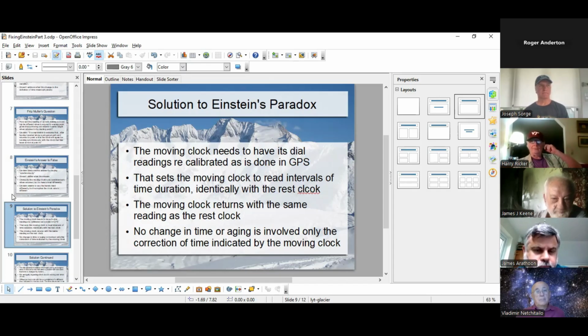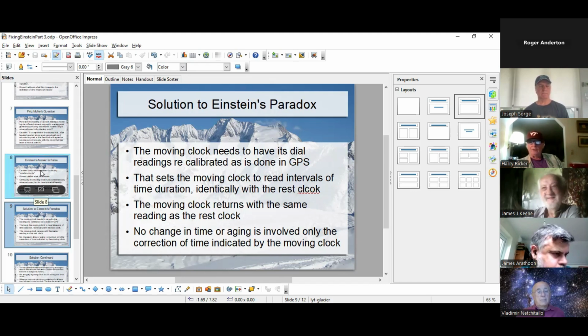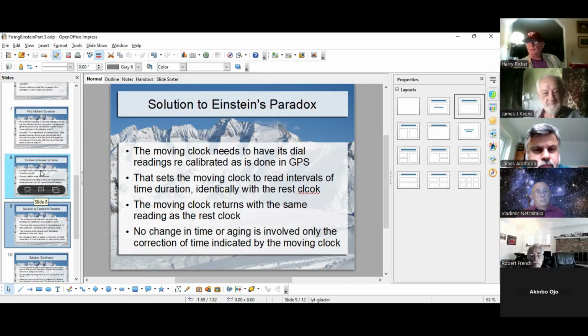And Einstein doesn't take that into account when he says the organism in the box is going to be aged less than organisms on the Earth. If we take into account the fact that the ticks are longer, although there are fewer ticks counted, the time turns out to be the same. So there's no difference in the duration of time.